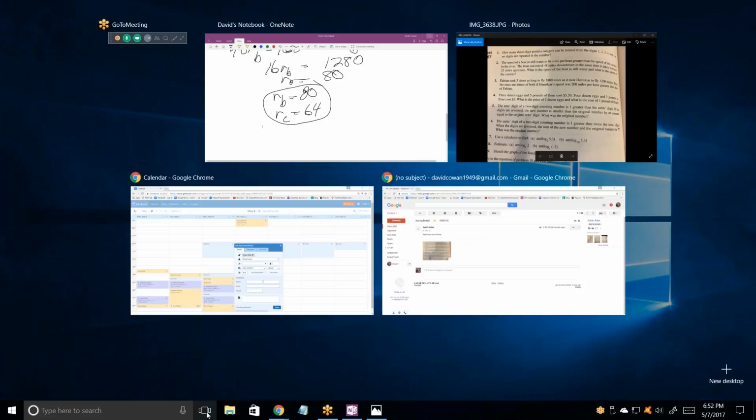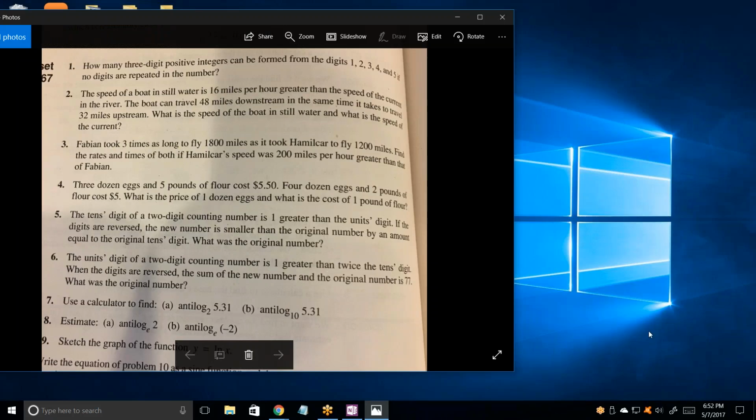Hold on, let me have a look at this. The boat can travel 48 miles downstream, which means it's going 16 miles an hour net in 3 hours. All right? No, that doesn't make sense.